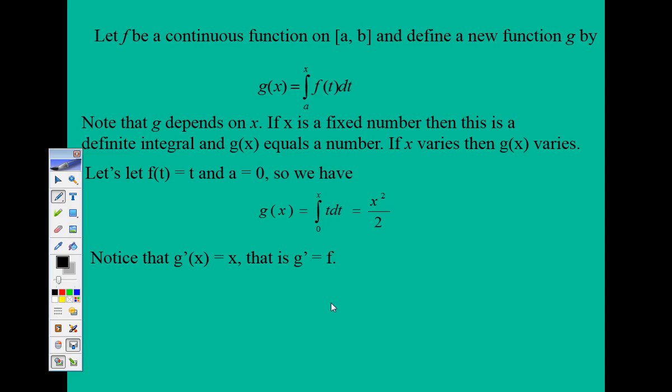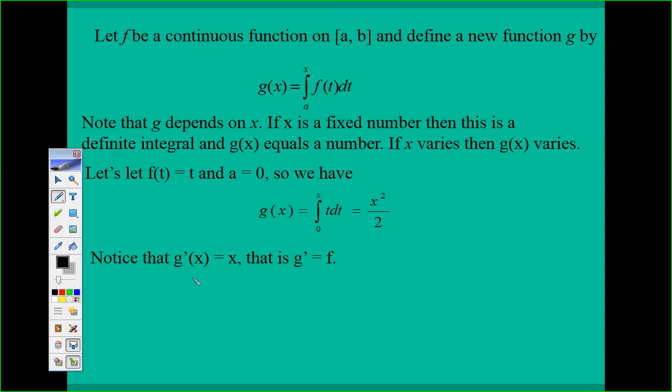Now notice what happens if we integrate t dt from 0 to x.